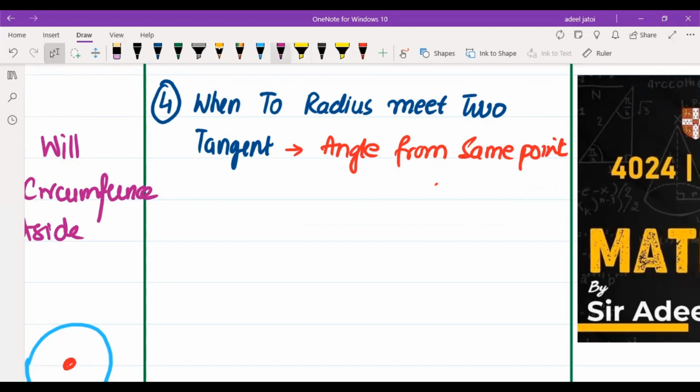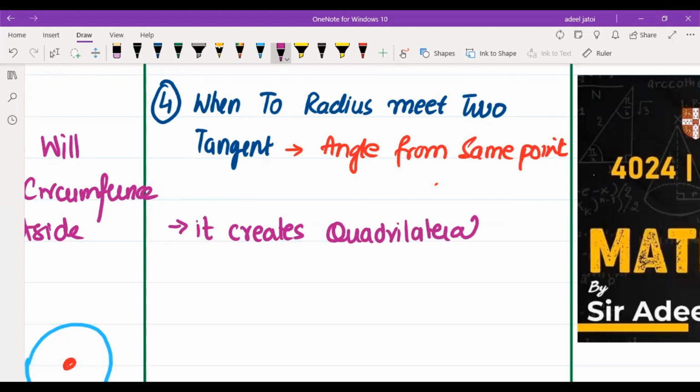So let's work upon when two radii meet two tangents. It creates a quadrilateral.